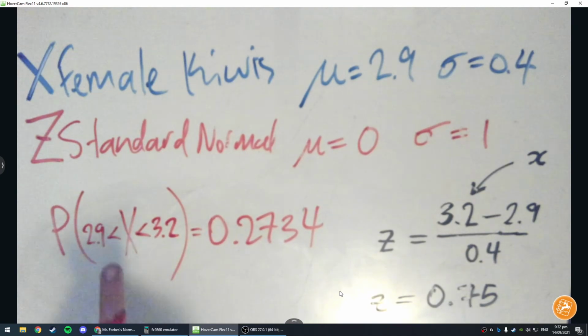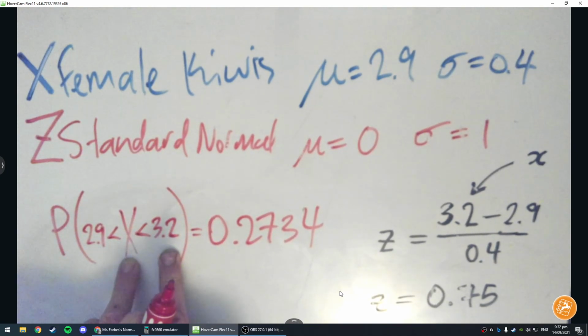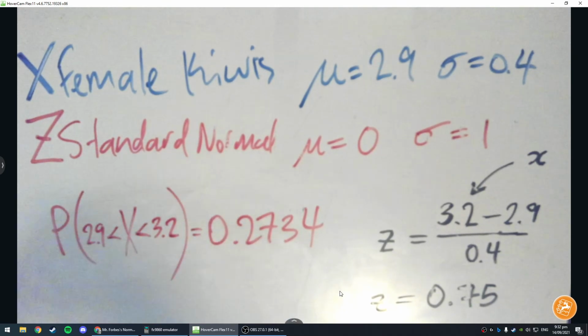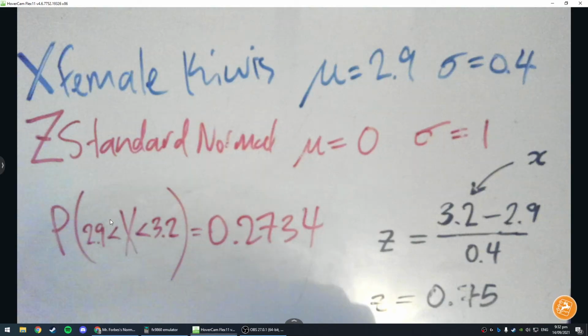We've worked out that all kiwis between these two numbers, that random variable, is equal to 0.2734. And that is the output that we were getting over here, if you round it, right? 0.27337 rounds off to 0.2734. So that's a little tutorial on how to standardize from those pages.